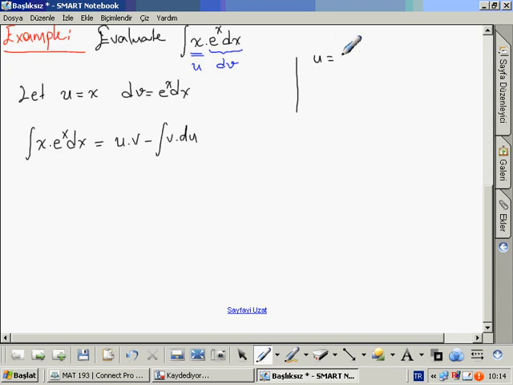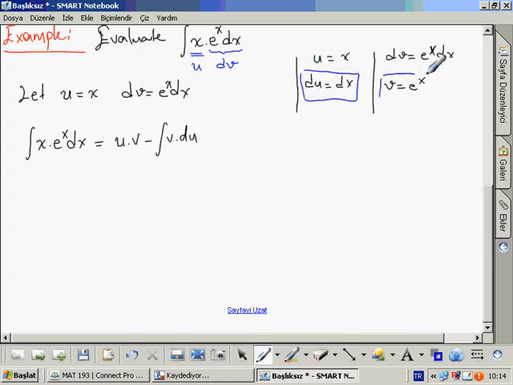If u equals x, then ∂u equals ∂x. And if ∂v equals e to the x ∂x, integrating these two parts, you will obtain v equals e to the x.